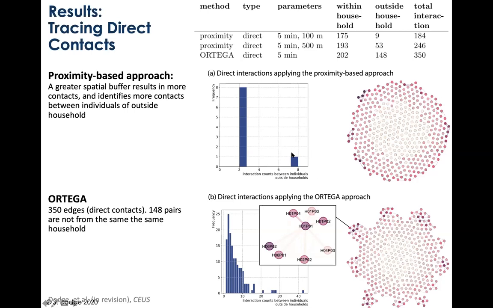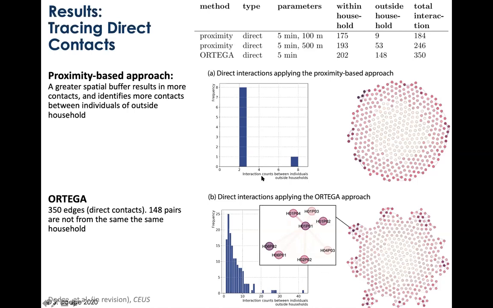And as you can see here, a lot of nodes have no edges, meaning that no interaction were identified with the proximity-based approach. As compared to that, Ortega also identified some clusters of more direct interaction, which indicates our household had more direct interaction. So these are individuals of the same household interacting with individuals of different households.